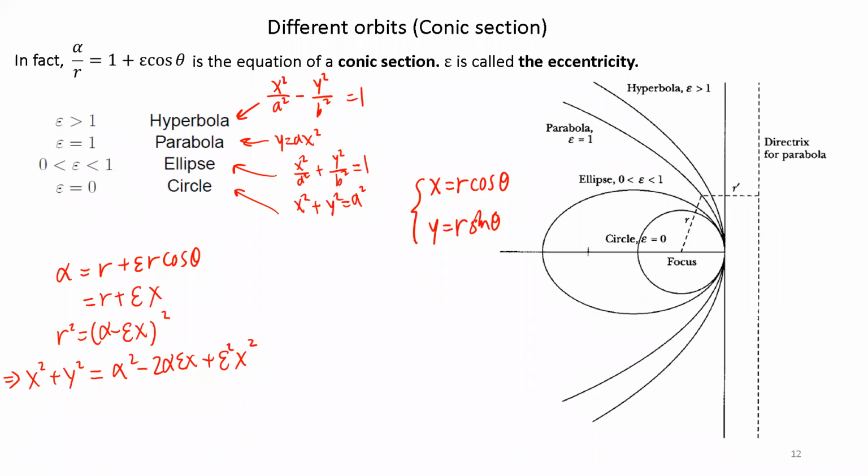You can see that I have this x squared and y squared term coming out. I also have some x, but this one I can further simplify as this. I have skipped the steps, but you can try by yourself if you want.